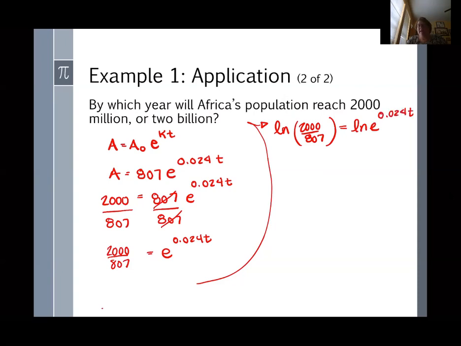When I take the natural log of e raised to a power, that's equivalent to that exponent. And on the left-hand side, I still have that natural log. Now, to solve for t, I'm going to divide both sides by 0.024.